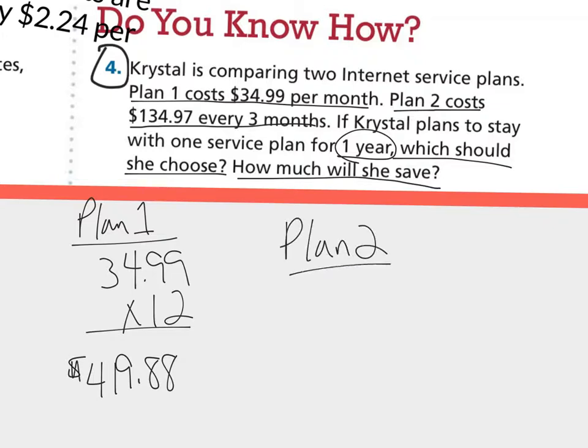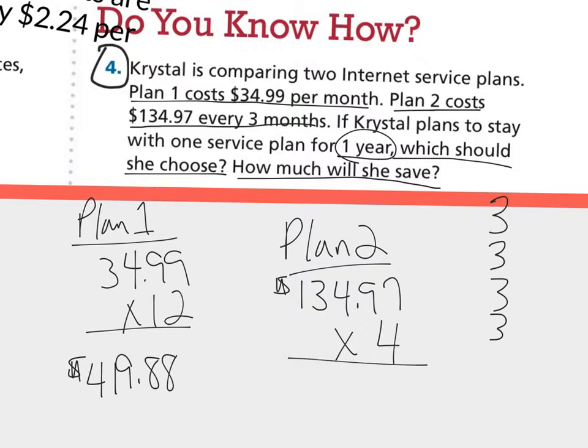Now plan 2 is $134.97 every 3 months. So that's for 3 months. So let's think about this. How many 3s do we need before we get to 12 months? 3, 6, 9, 12. We need 4 of them, don't we? Okay. So we would need 4 of these 134.97s.